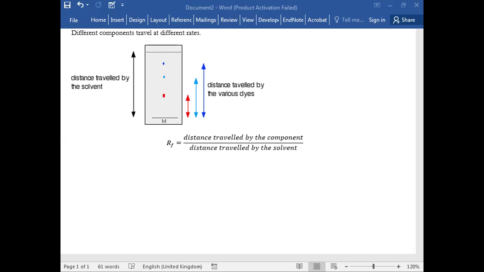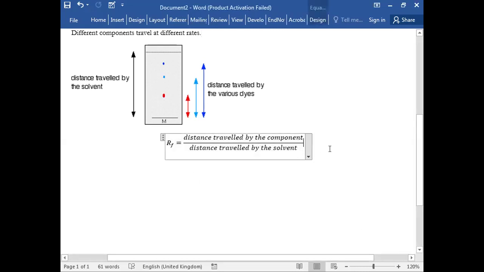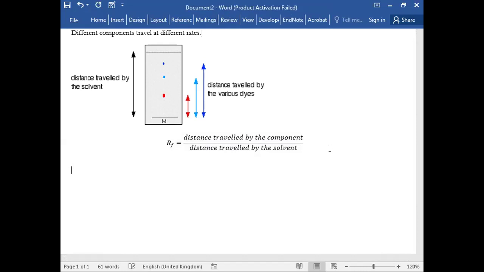Yes, you're right. RF value depends on the type of solvent. And if I were to simplify it, I'll say that the RF value depends on two things. पहला है interaction with the stationary phase. Write it down.